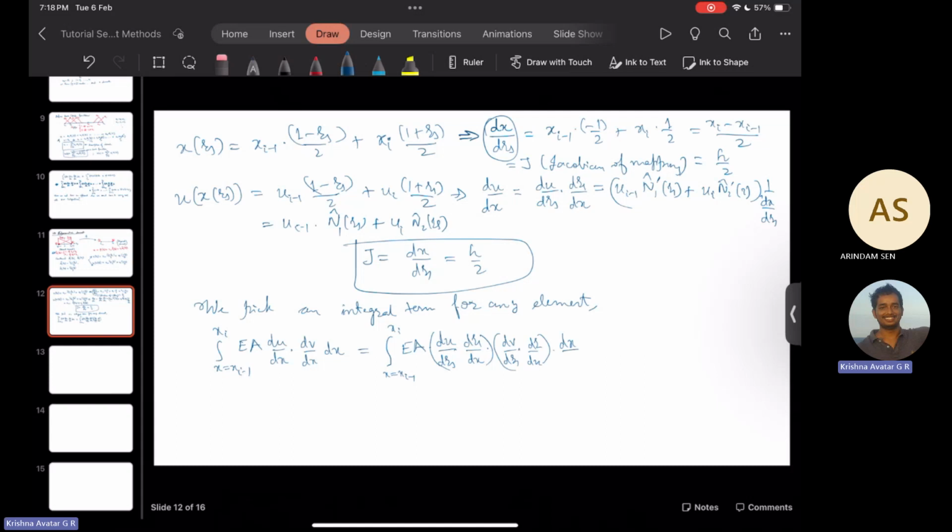Likewise, we can also write dx by dz into dz. So we have mapped the independent variable from x to z.